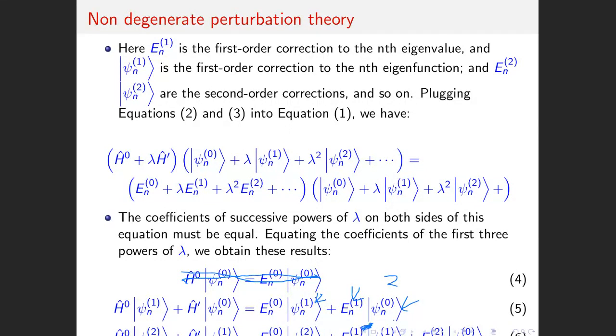So the way that you want to solve this equation will be if you can find some state, say phi, and you hit this with the Dirac bra, then if this phi is orthonormal to some of these vectors, maybe that term will cancel, and you might be left with only one equation, which may be phi, H prime psi n 0 equals something.